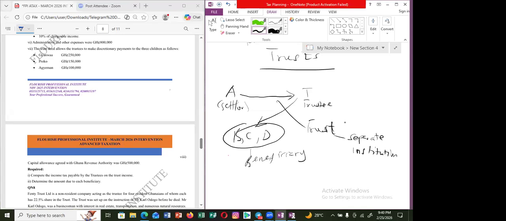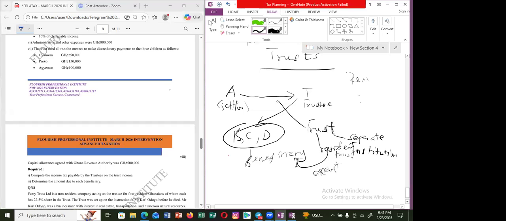Now, if some distributions on the income are made to beneficiaries, where the trust is a resident trust, you know what a resident trust is, right? We have residents and non-residents: individual, company, partnership, trust. So where the trust is resident, the distributions to the beneficiaries are exempt.